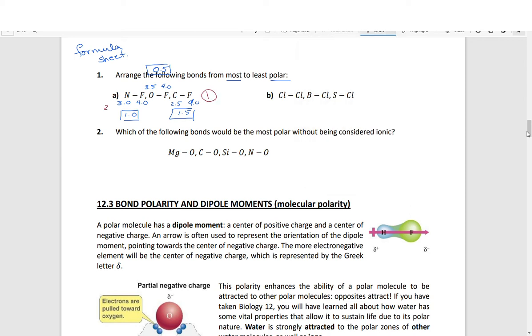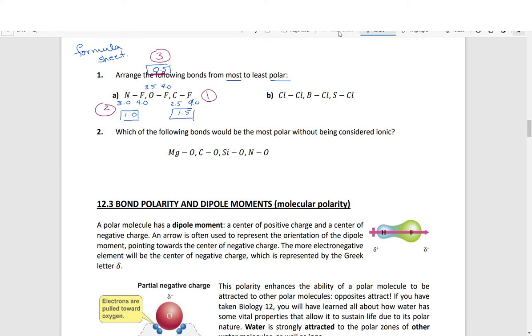It's the biggest number. This would be number 2, and then this guy would be number 3, just arranging them in order. This one's the least polar. I guess we didn't go past the 1.7, so we're good.